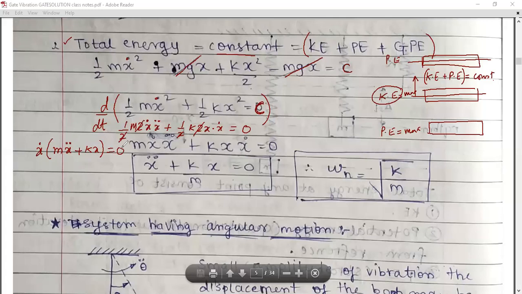Now, one point worth remembering here is that the product of your velocity and the summation mx double dot plus kx is equal to 0, right?